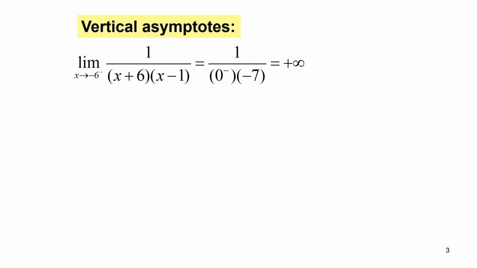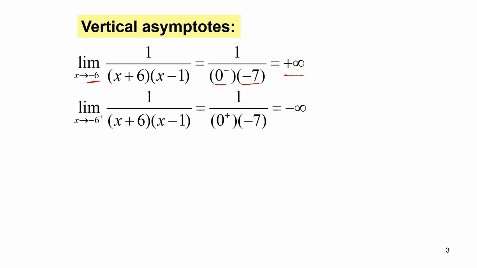Let's start with the limit as x tends to negative 6 from the left. By substituting the nearest value, we get a negative value multiplied with negative 7, and the answer is positive infinity. Next, the limit when x tends to -6 from the right. By substituting the nearest value, we get a positive value multiplied with -7 and we get negative infinity.